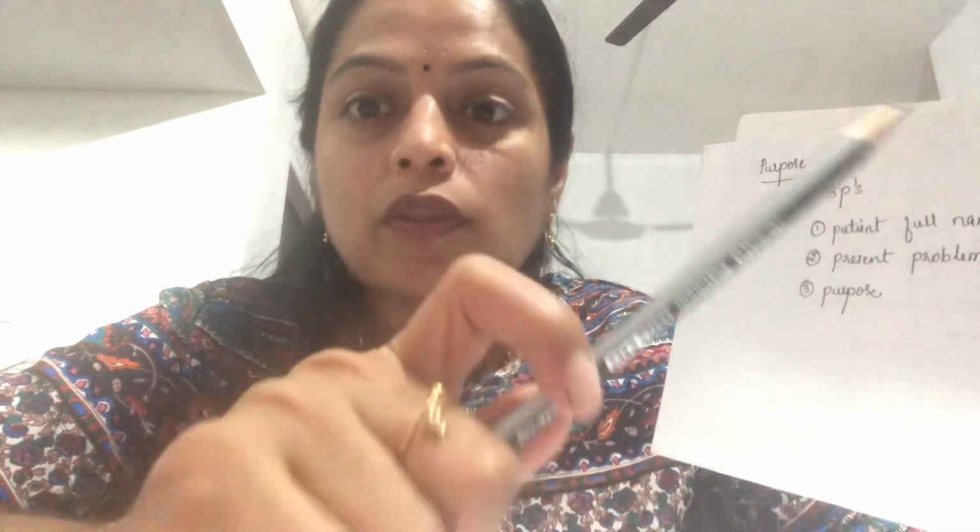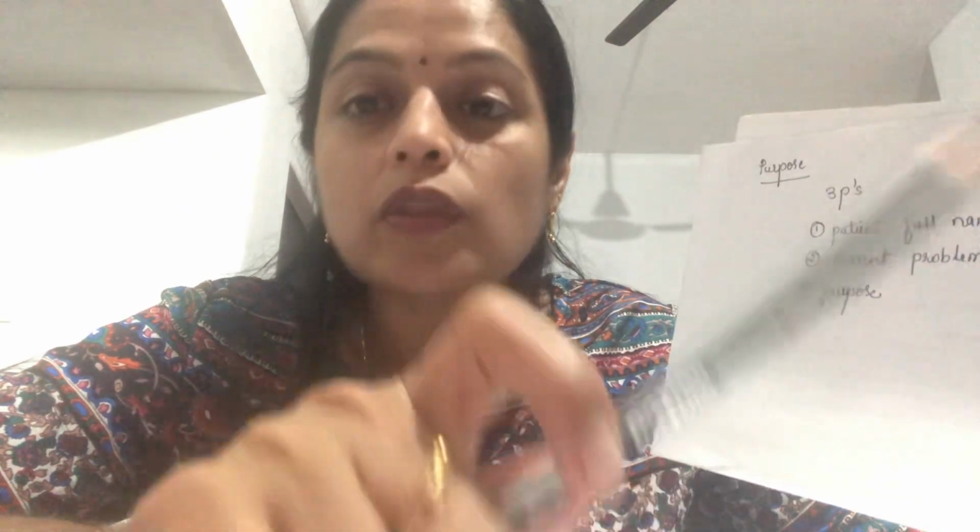I am writing to request home visits for Mr. Robert D'Souza, no comma, no dot, who is recovering from dementia, full stop. He requires ongoing care and management, full stop. So 3 things: patient full name, present problem, who is recovering now, what needed, purpose, continuation of care.